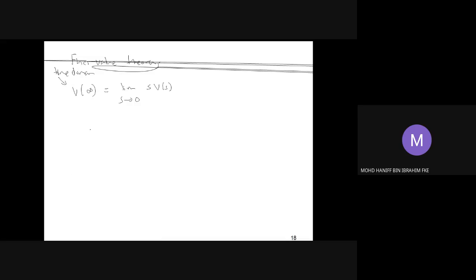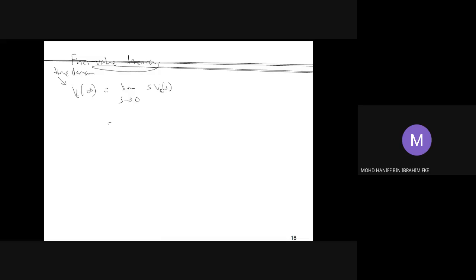We need to find the final value of VCT, so you need to adopt this VCS in this equation. That should be VC of infinity, because we are finding the capacitor voltage.